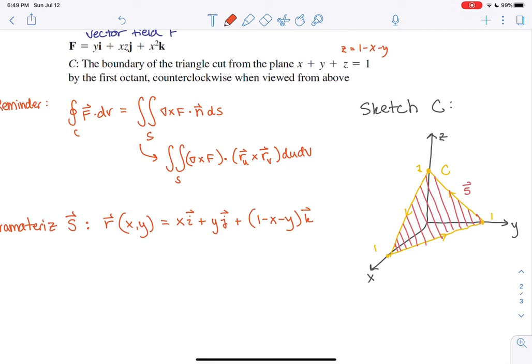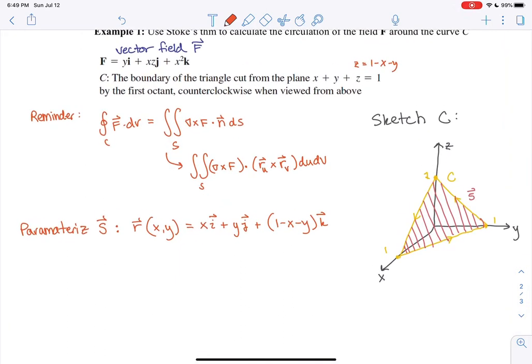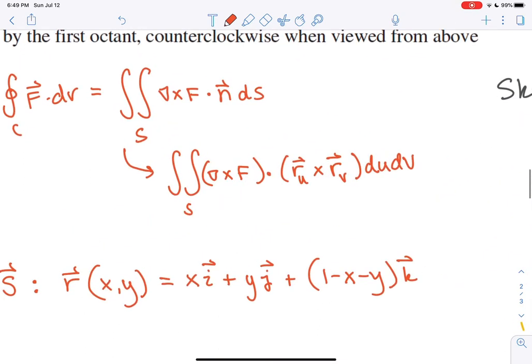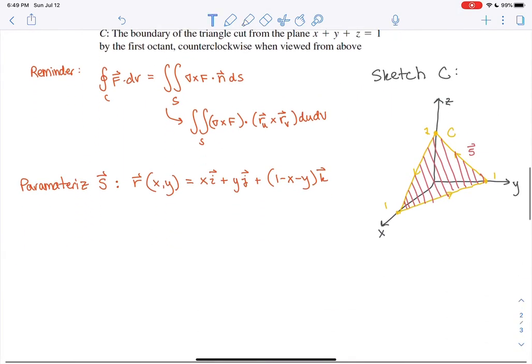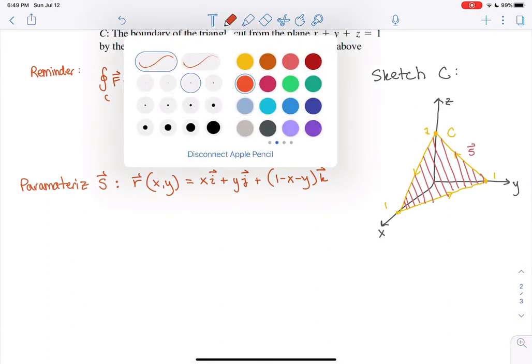Now the next thing we need to do is calculate the curl of F. We're going to work on finding this term in the integrand, curl F. Let me pick a new color for this.